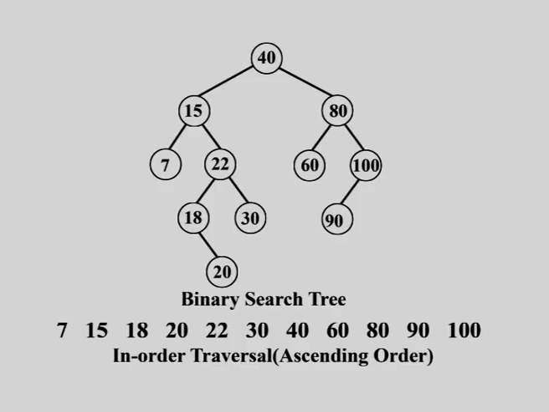A very important characteristic of a binary search tree is that when we traverse it in order, it produces a sorted list of elements in ascending order. If we traverse the shown binary search tree in order, it gives the order 7, 15, 18, 20, 22, 30, 40, 60, 80, 90 and 100, which is in ascending order.